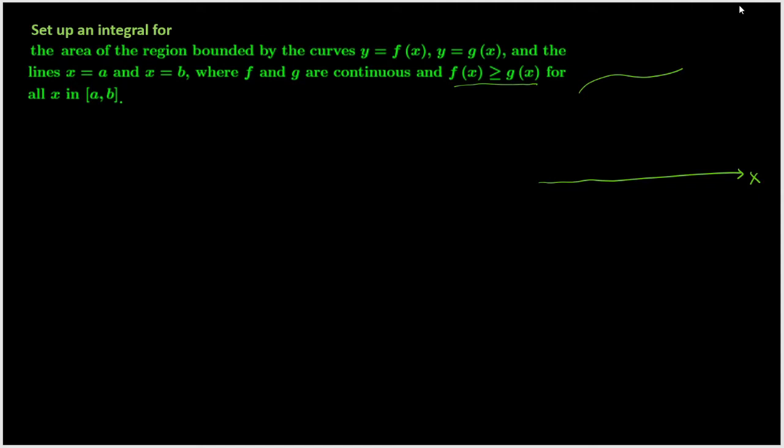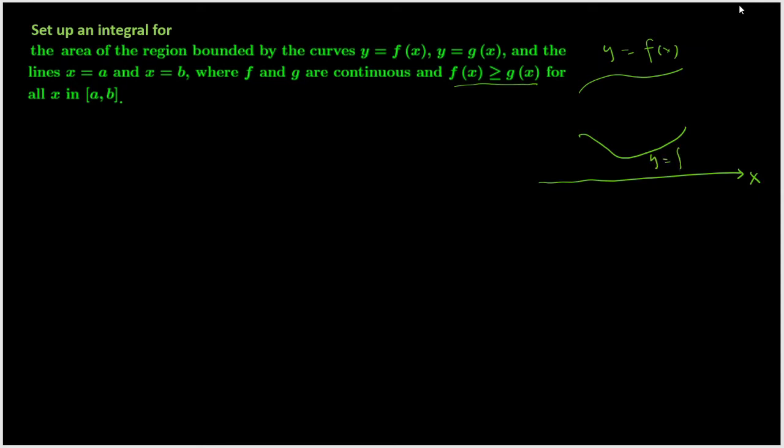Now let's say that's the graph of f of x. The equation is y equals f of x. There's a graph below that, which is the graph of the function g of x. Something like that. The bottom curve is the graph of g of x.